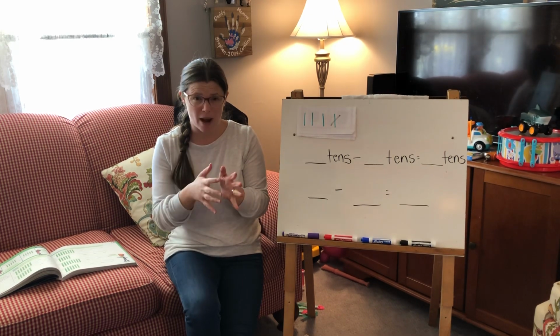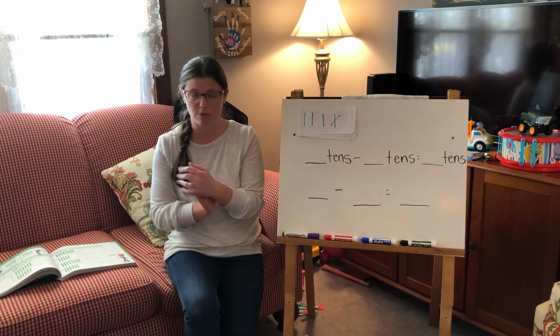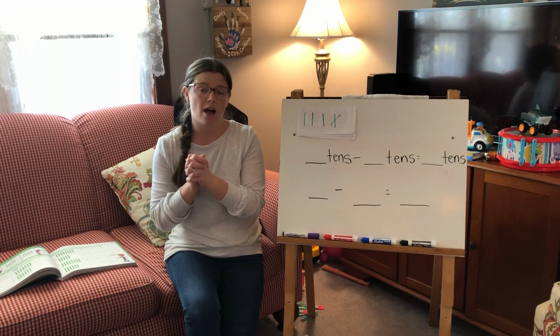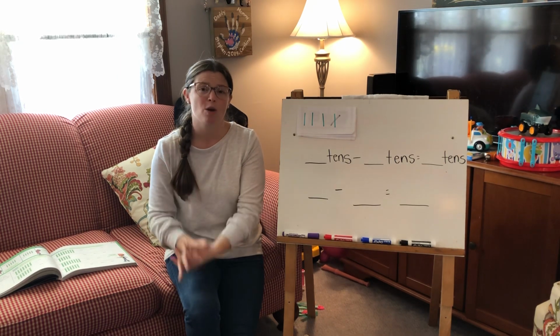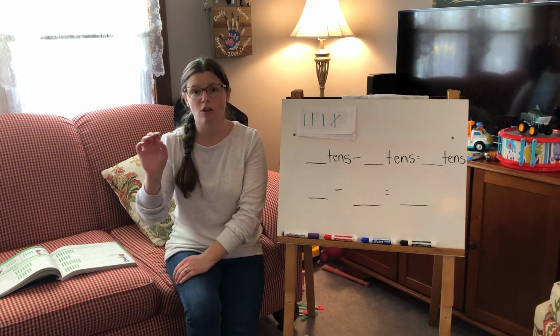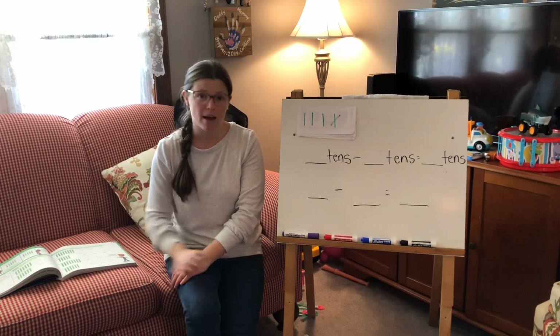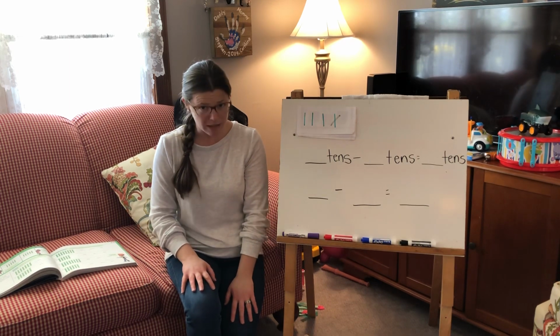So this chapter is very much like our last chapter. We're going to be going over some strategies with two-digit numbers, but this time we are subtracting instead of adding. Chapter 10 was all about adding, and now chapter 11 is going to be about subtracting.